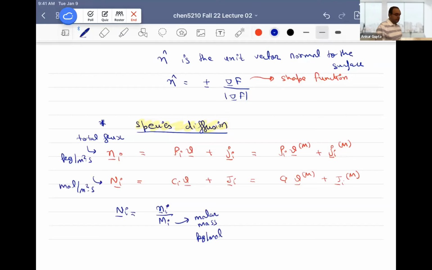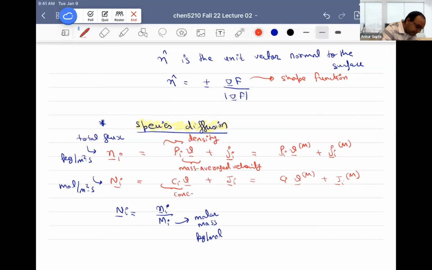Now we also define the density rho i. So rho i is the density. V is the mass average velocity. Ci is the concentration.